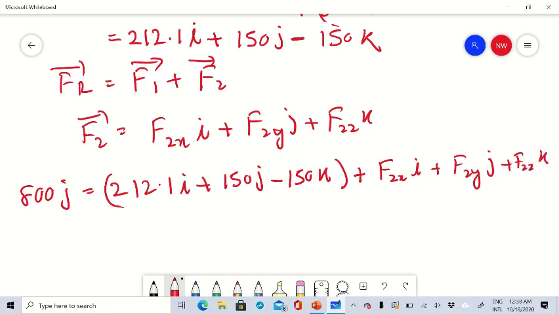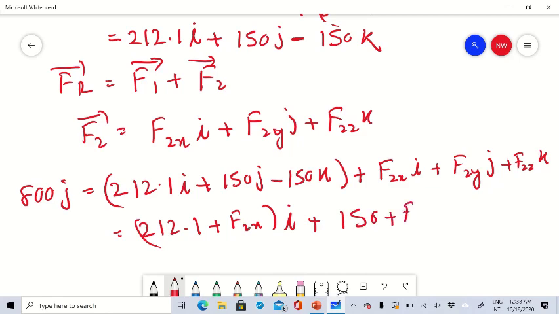So I take the i terms together, 212.1 plus F2x i, right? Then I take the j terms together, 150 plus F2y j. I take the k terms together, so it is minus 150 and F2z, right? So F2z minus 150 k, right?